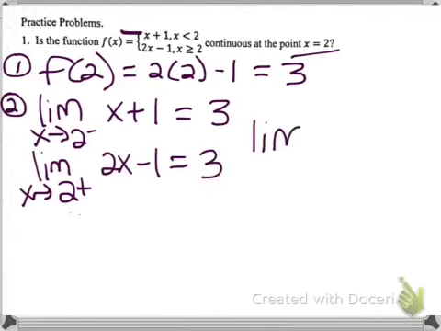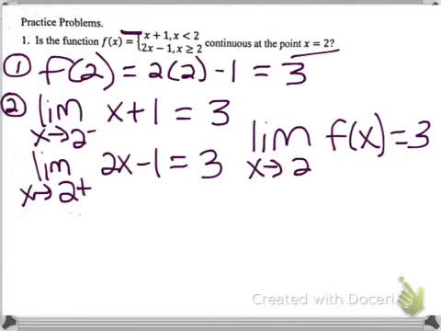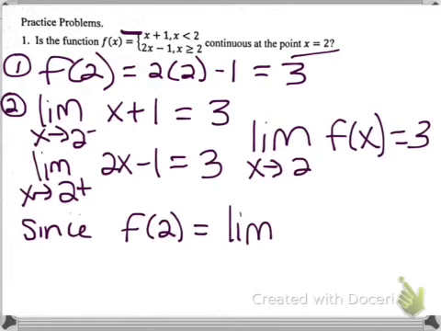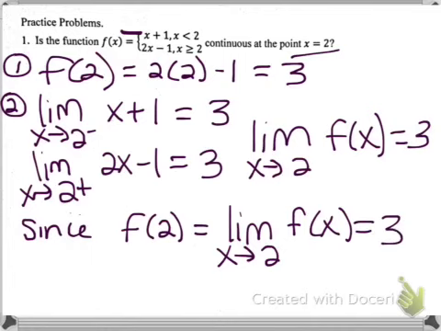So therefore, the limit as x approaches 2 of my function is 3. Since f of 2 equals the limit as x approaches 2 of f of x, which equals 3, f of x is continuous at 2.